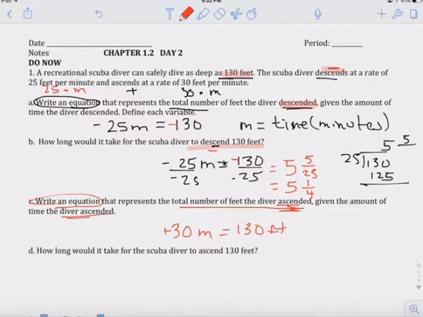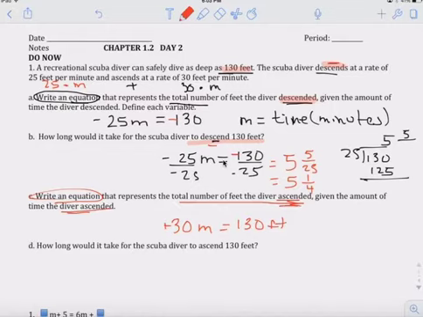So how long will it take for the diver to ascend to 130 feet? So 30 minutes equals 130 feet. That's not right. Divide by 30.